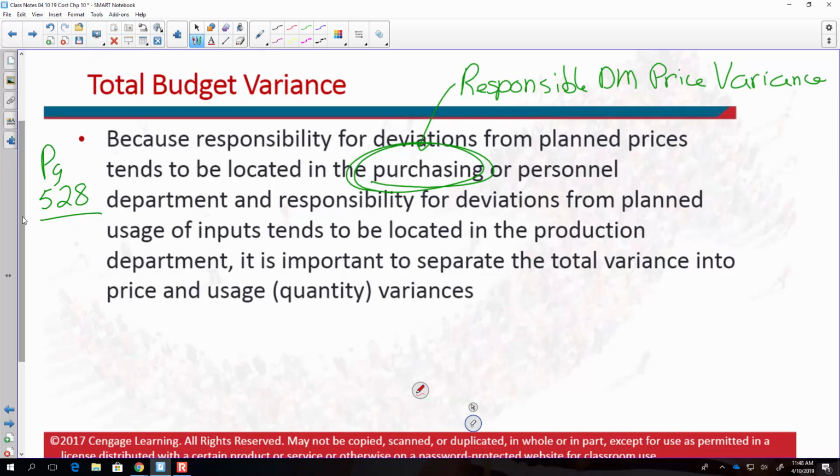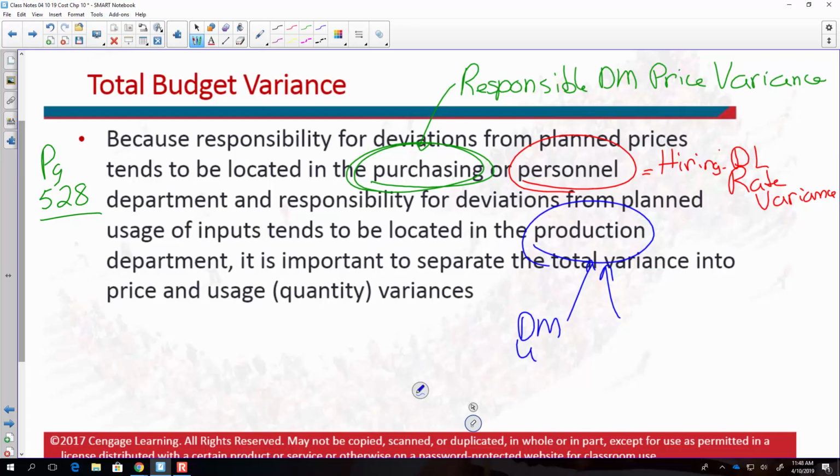If we look at labor, the personnel department, because they do the hiring, is responsible for the direct labor rate variance. And then the quantity and efficiency variances for both labor and material is the responsibility of the production department.